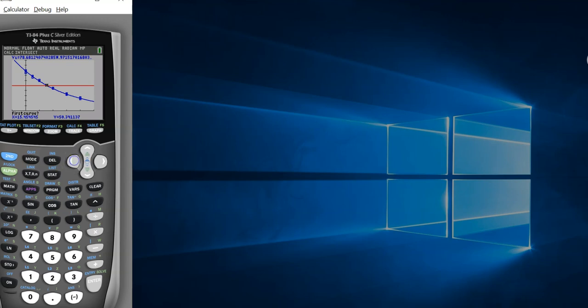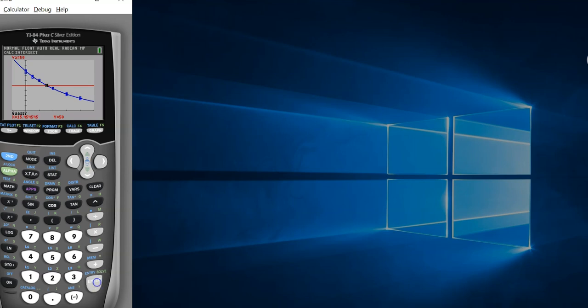Okay, so when you run an intersect, what I do is I just move to the point of intersection. Move your cursor to the point of intersection, because it's asking for the first curve, which is the blue curve on the color calculator, and I hit enter. Then it asks for the second curve, which is the red curve. If your calculator is black and white, you'll see y1 and then y2.